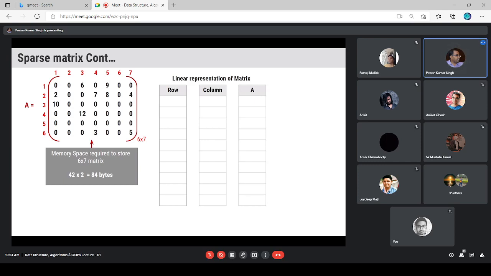Now suppose I represent this matrix in a linear form.